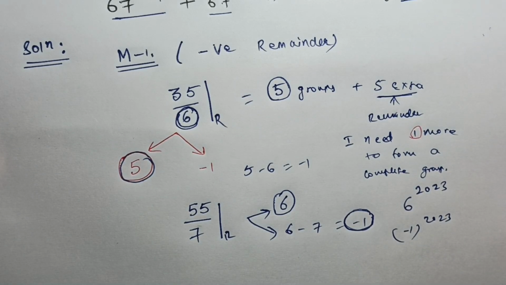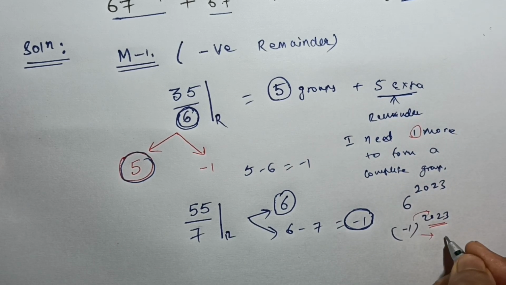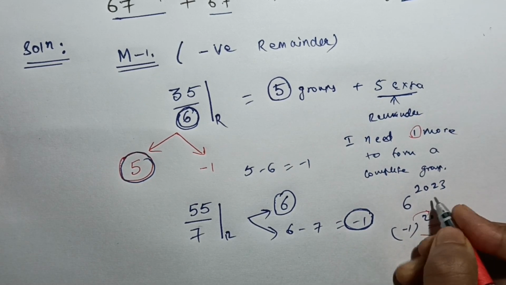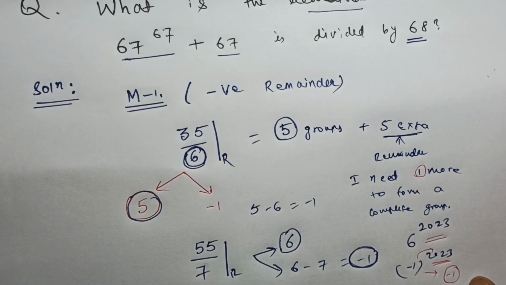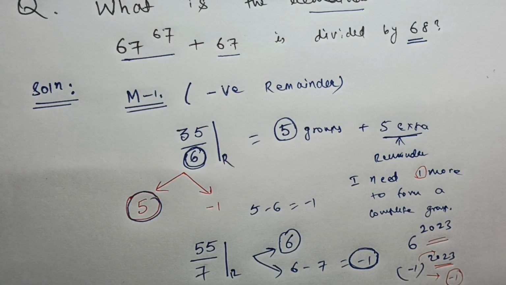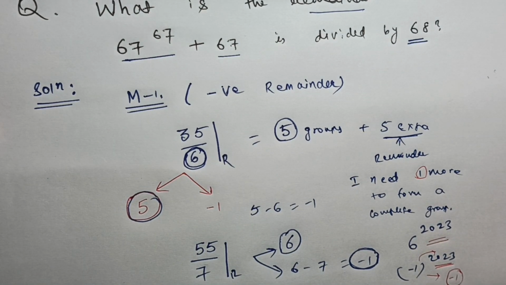Which is easy to find? Obviously this one, right? Since I am raising it to an odd power, I can simply say the answer is minus 1. But how will you find a high power of 6? That's why we use the negative remainder concept where we have a larger magnitude of positive remainder. In those cases, the negative remainder can be very, very useful. I hope this is clear to you.